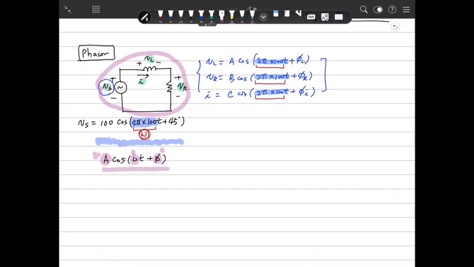But if the source frequency is fixed, then all other variables have the same frequency. That means we don't need to care about that term anymore, because we already know the source frequency is fixed and all other variables have the same frequency.